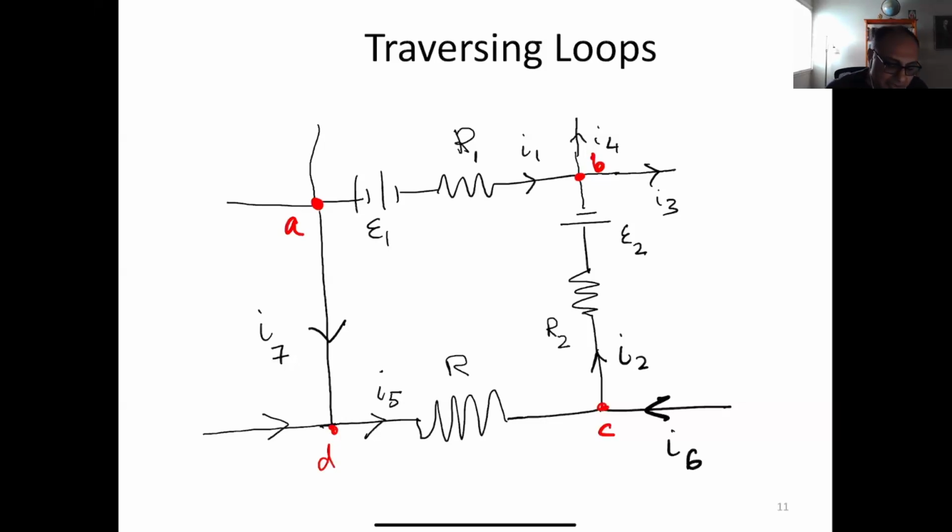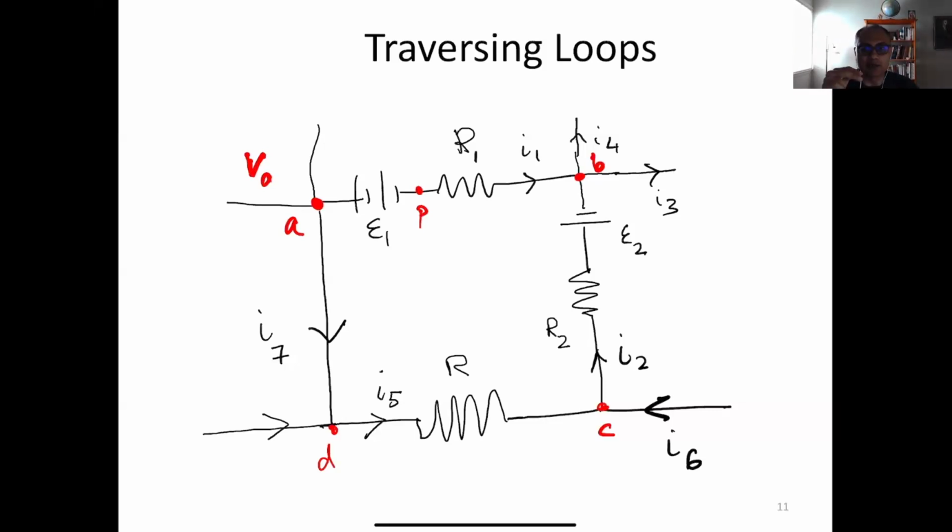And the value of the potential at A has some particular value V sub A, right? Suppose we are going around this loop, and as we are traversing the loop, we compute the changes in potential. So from A, let's say we go to this point P, and there must be a difference in potential between A and P because there's a battery in between them. And then we go from P to B, there must be a difference in potential between P and B because there's a resistor and a current is flowing through that.